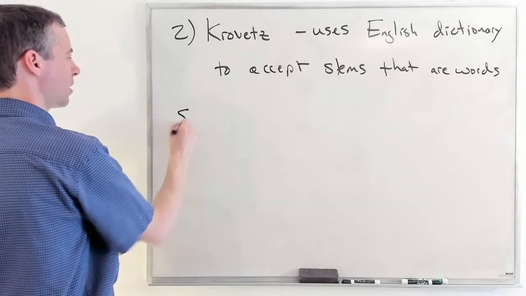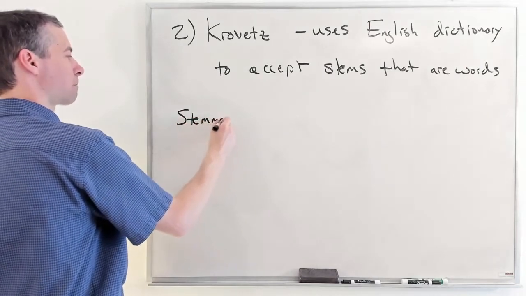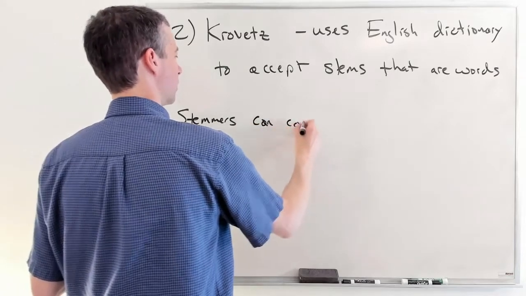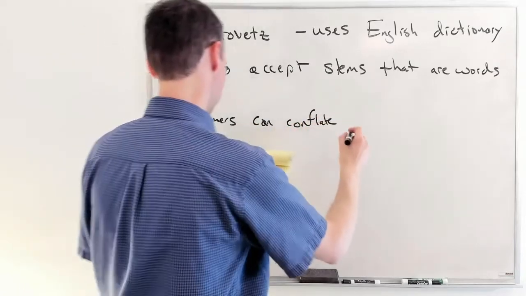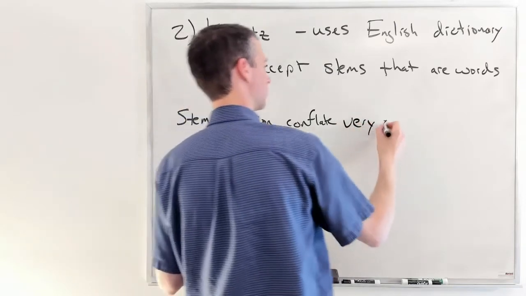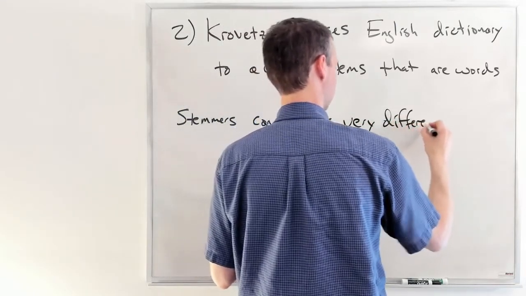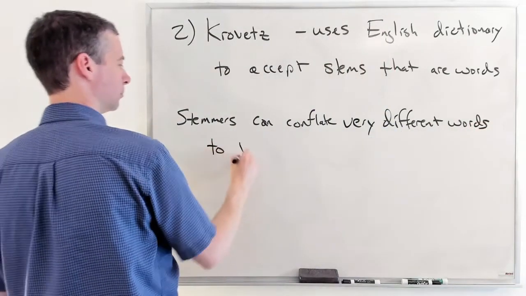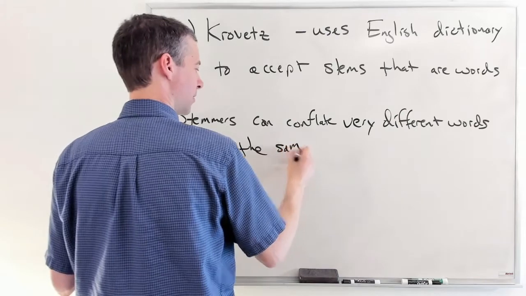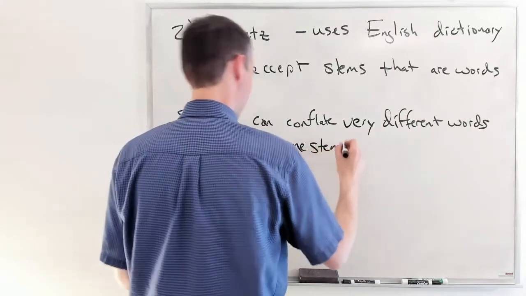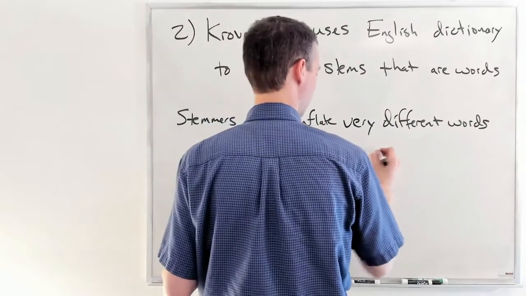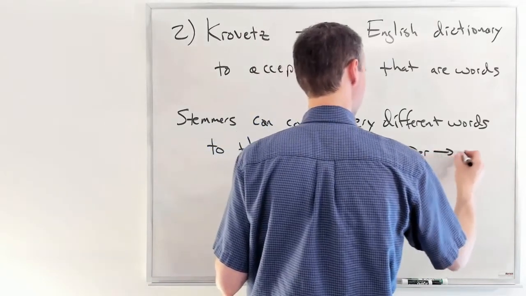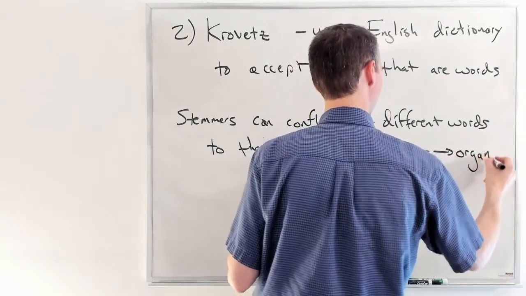Some notes about stemmers: again, they are a recall enhancing technique. One thing to note is that they can conflate very different words to the same stem, which is something that you might not be thinking about happening. So for example, you could take the word organizer and these will get stemmed to organ.